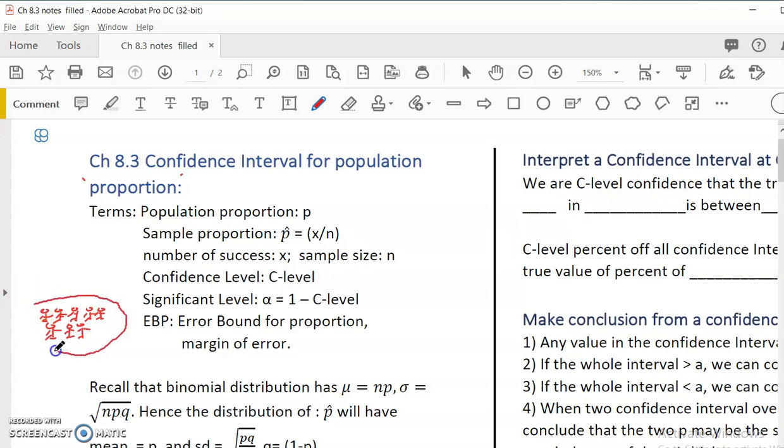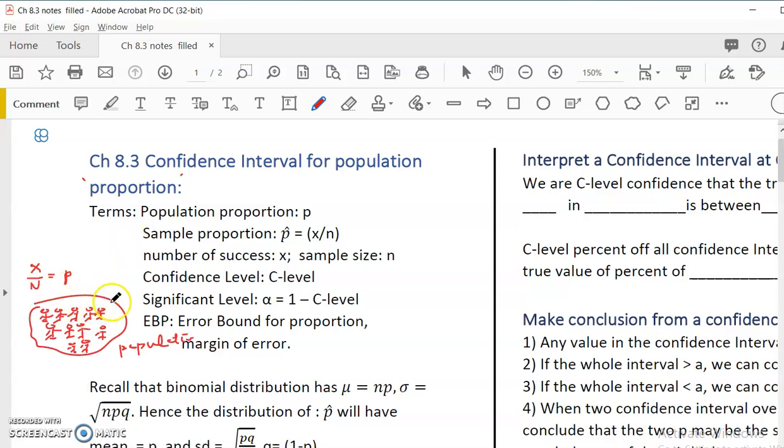So this is all of the population, right? If you were to count everyone in the population of this college, you would be able to count whoever is a transfer student. So that would be the X number out of N number in the population. That is a proportion, the population proportion, if you count everyone.